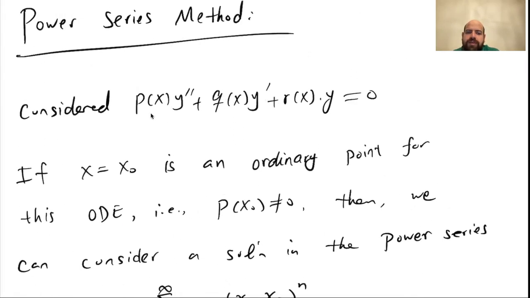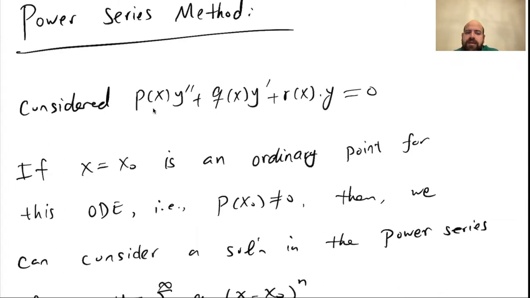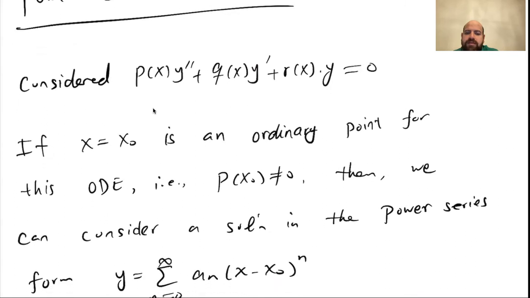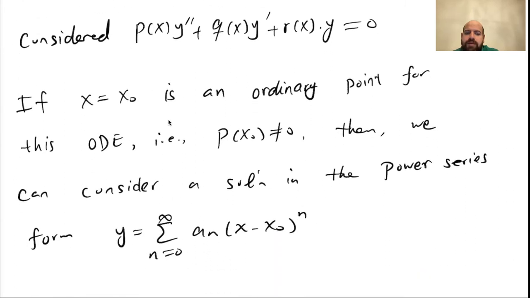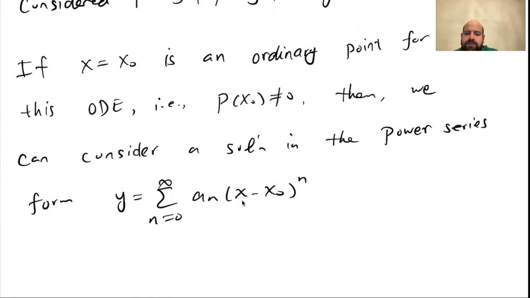If P of x0, the coefficient of y double prime, is not 0, then we can consider a solution of this form. And then we still need to find the coefficients a n.